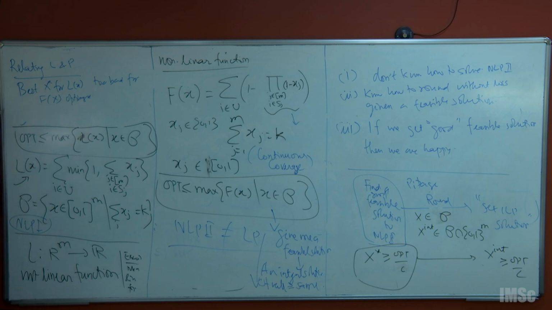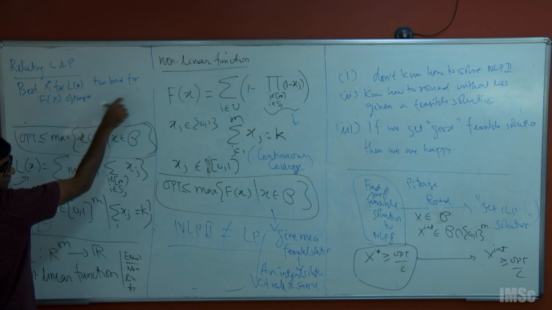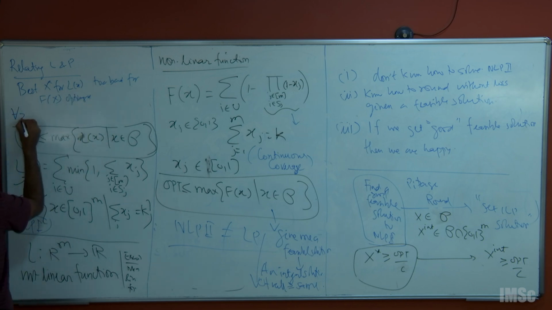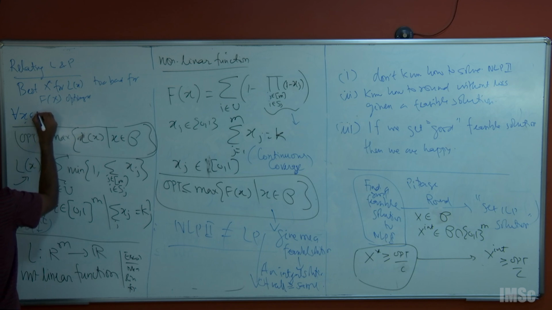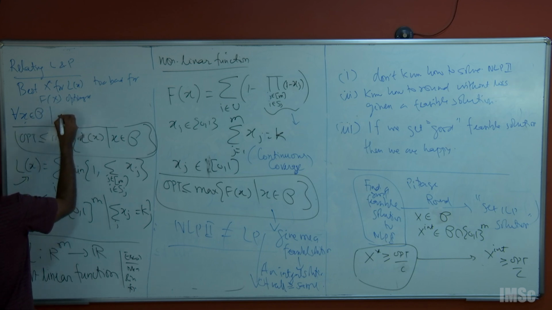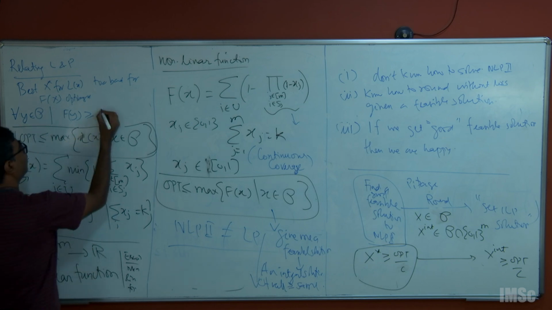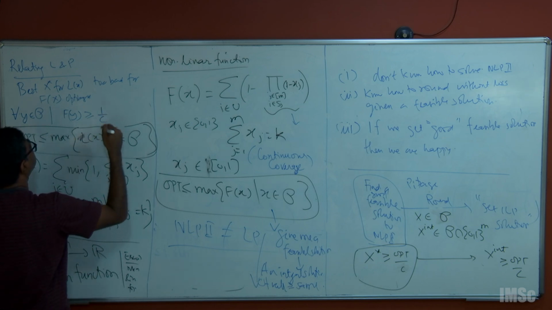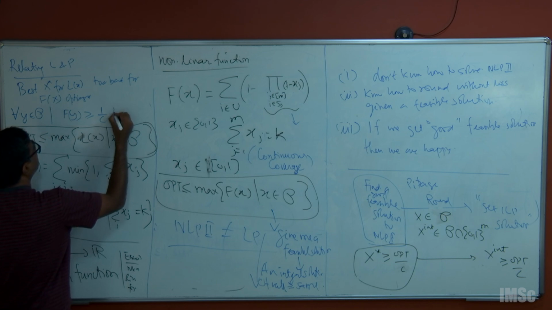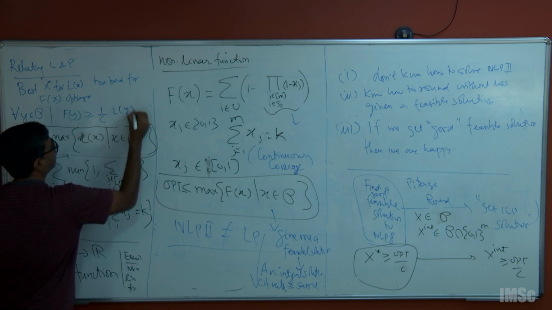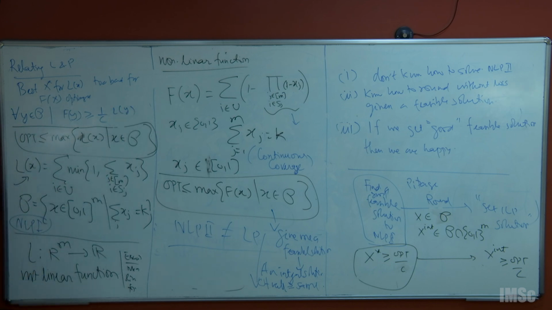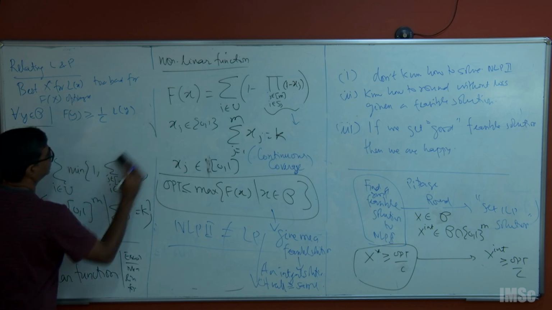If I show the following, that for all y in the polytope P, f of y is at least 1 by c times a constant times L of y, is this good enough for our purpose?